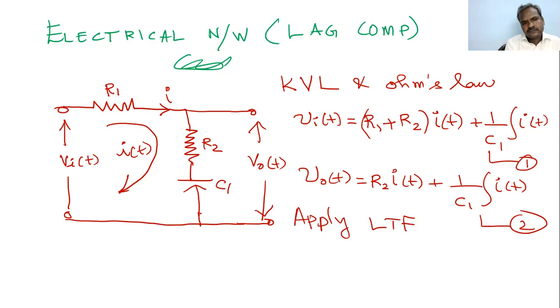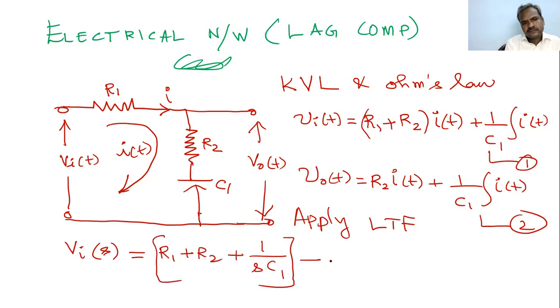So V i of s equal to R1 plus R2 plus 1 by s C1, into I of s.